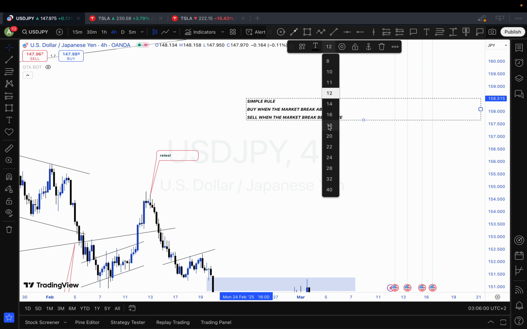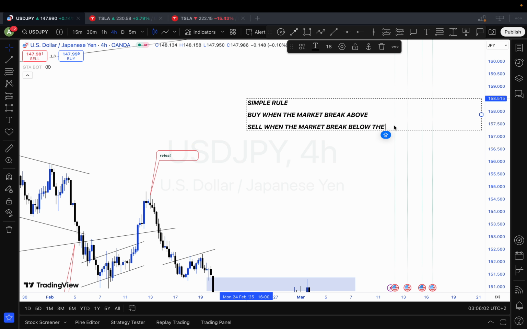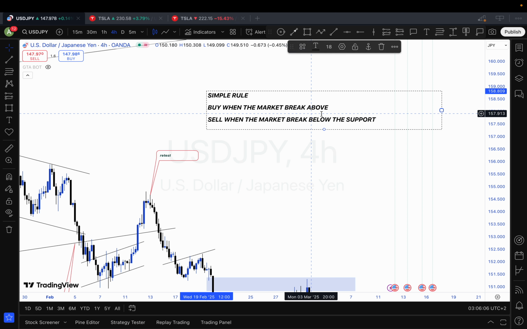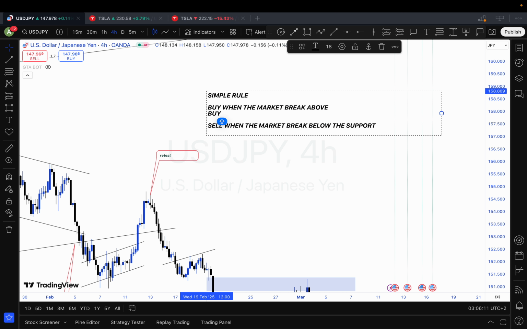Let me increase this font. Break below the support, buy, buy from support.